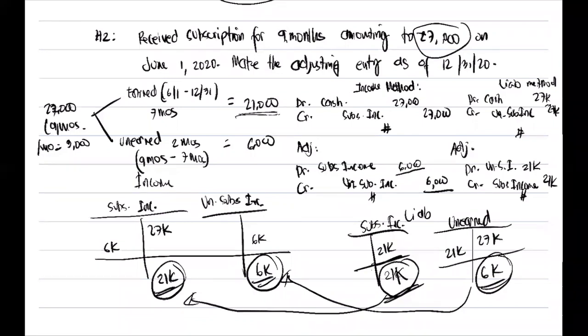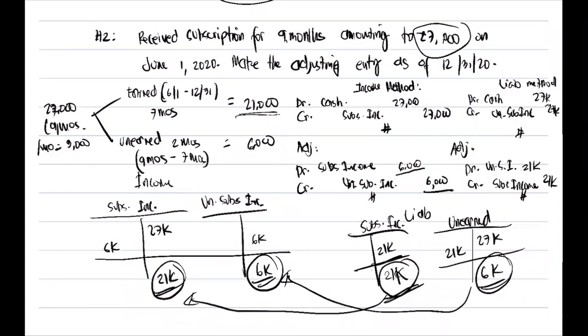So again, what did we do? We just divide the balance of our mixed account to your earned and unearned portion, and we recorded it either in your liability method or income method. Under liability method, we first record it as a liability, and subsequently, we need to record an income at the amount of earned.